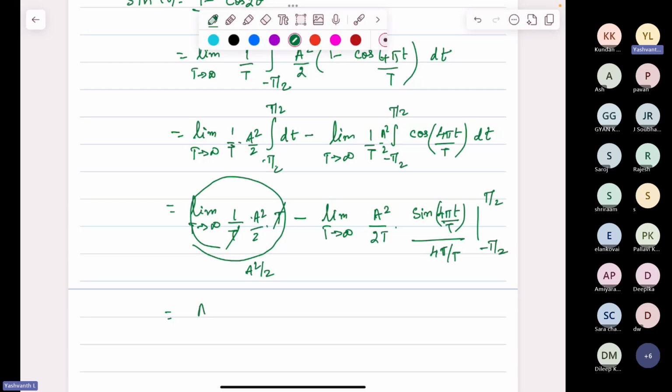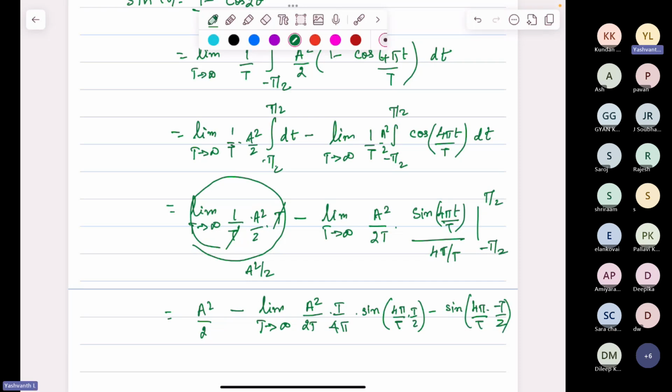This is nothing but A squared by 2 minus limit T tends to infinity A squared by 2T into T by 4 pi into sine 4 pi by T into T by 2 minus sine 4 pi by capital T into minus T by 2.